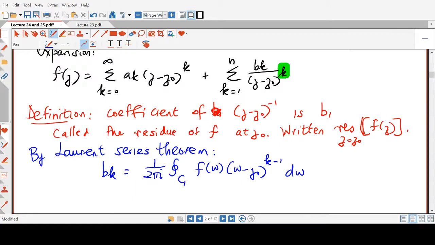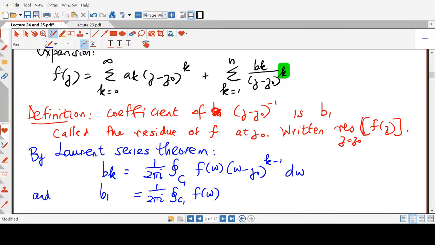That was the coefficient for the negative exponent by the Laurent series theorem, from the last lecture. And if you specialize to b_1, put k equals 1. It's 1 over 2 pi i along a contour C1, f of w, and k minus 1 is 0.